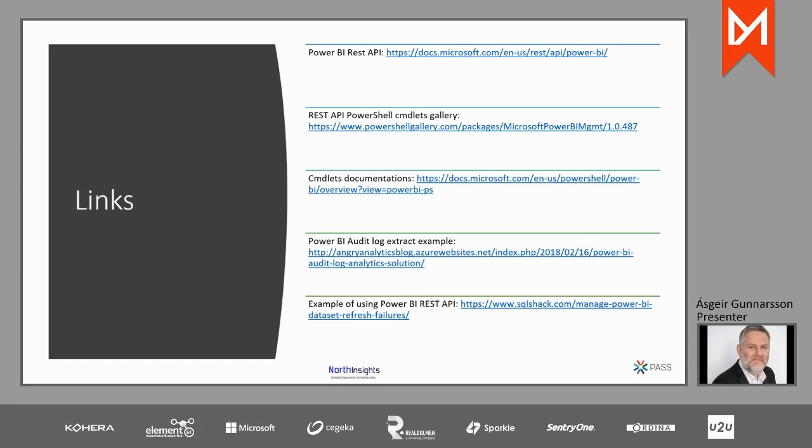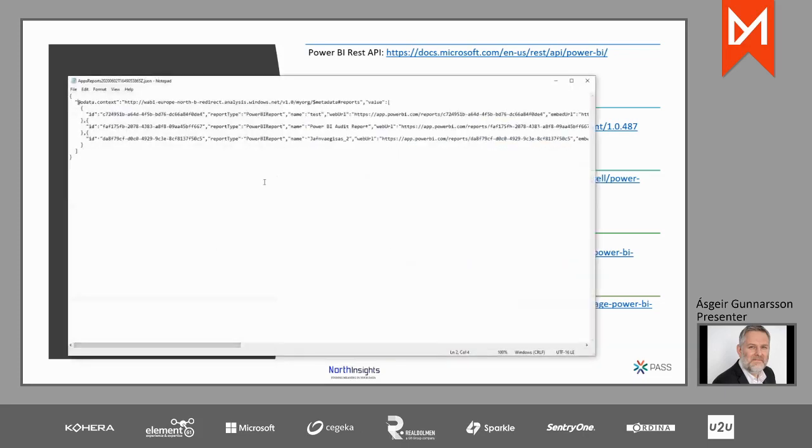Yeah, what you can do is, you cannot see if they were used as a part of an app, but you can see if they were accessed or not, and what app they belong to. So then you would do something similar to what I did here. I have gotten all the apps and all the reports that belong to a particular app. I have the ID of the app in the name of the file, and I parse all this together.